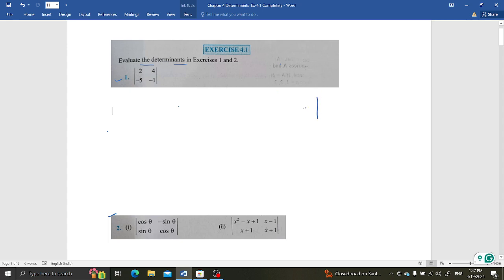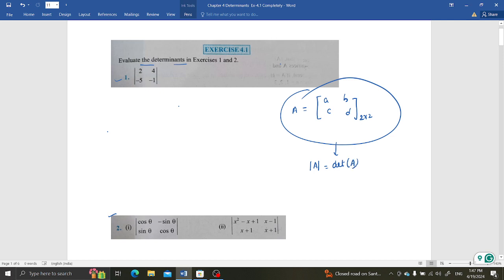Determinant evaluation works like this: if you have a matrix A with entries a, b, c, d, it is a 2 cross 2 matrix. Corresponding to this square matrix, we have a real number, denoted by this symbol, or you can represent it like that also.